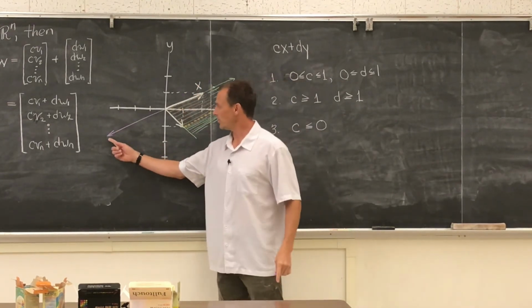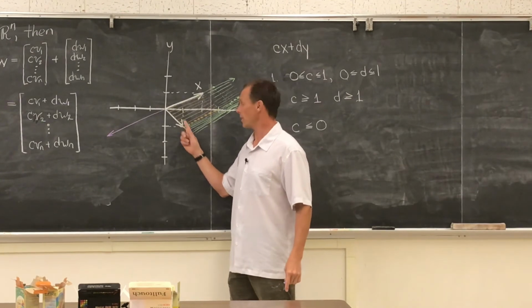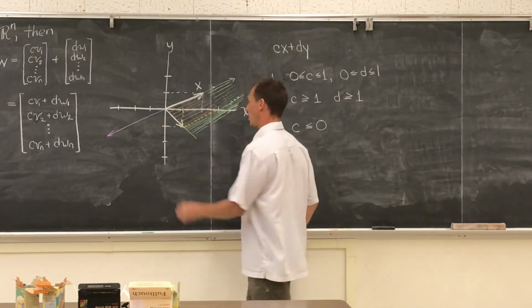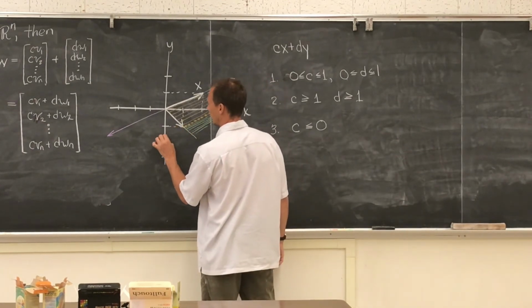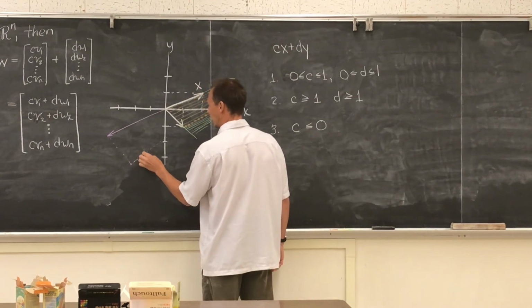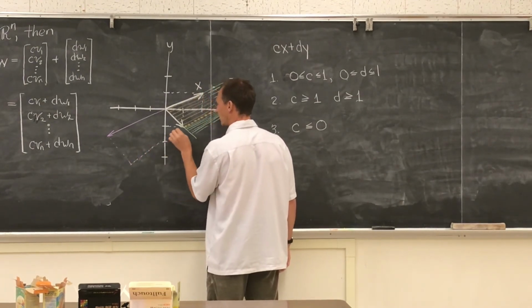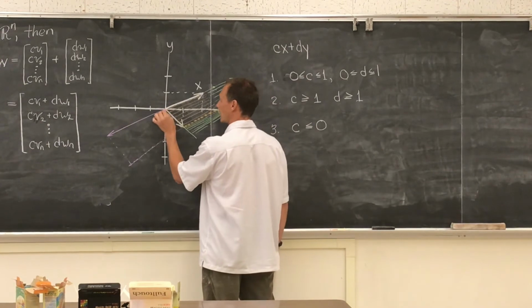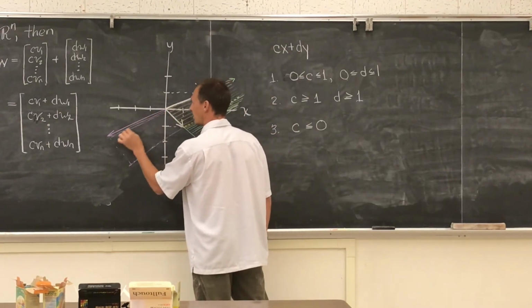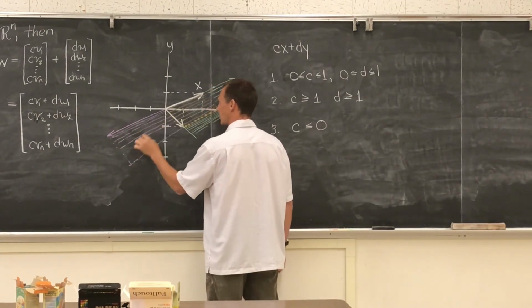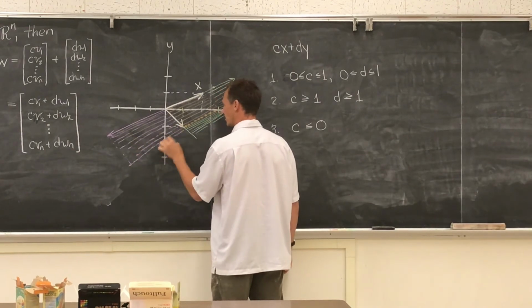When I add my c times x to, for example, 1 times y, what would I get? I would get this parallelogram here. And as I keep trying all of my negative c values, I get this entire line of solutions. And then as I start varying my d values, or just positive d values, I get this entire other quadrant. In the same way that we created the green and orange, we now create this entire purple region.